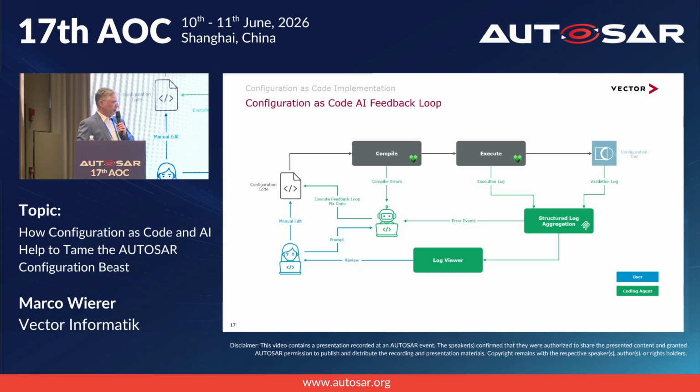And another topic that needs to be covered is actually what we call the log viewer. In all these steps, the human needs to be in the loop. So it needs to be transparent for the software developer what the coding agent actually did.